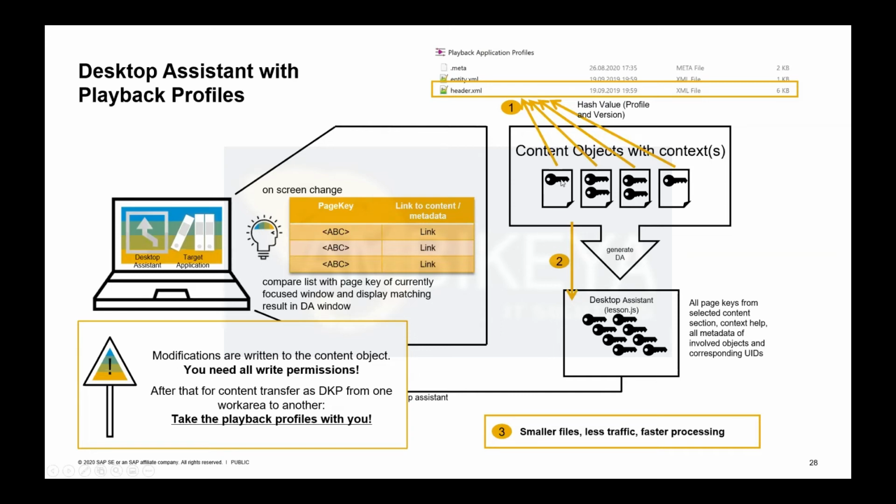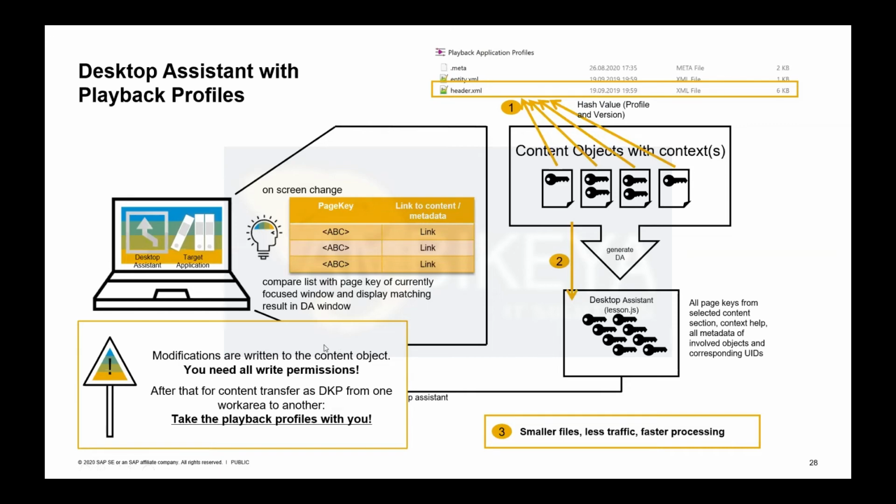And if you then, and that's the worst case scenario, delete the original work area and all the playback profiles, the content will be lost. That's the biggest emphasis sign I found. Take care. Take your playback profiles with you as soon as you leave the boundaries of a work area in such a scenario. Besides that, it's an absolute beauty because it really speeds the whole thing up.